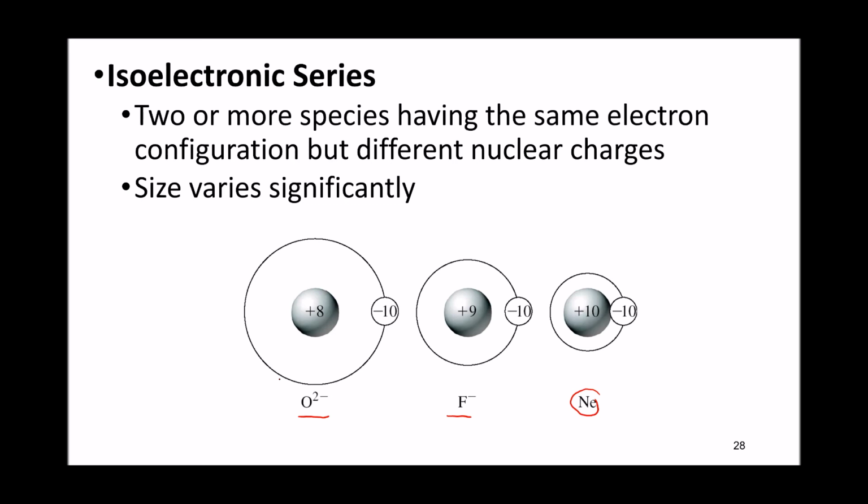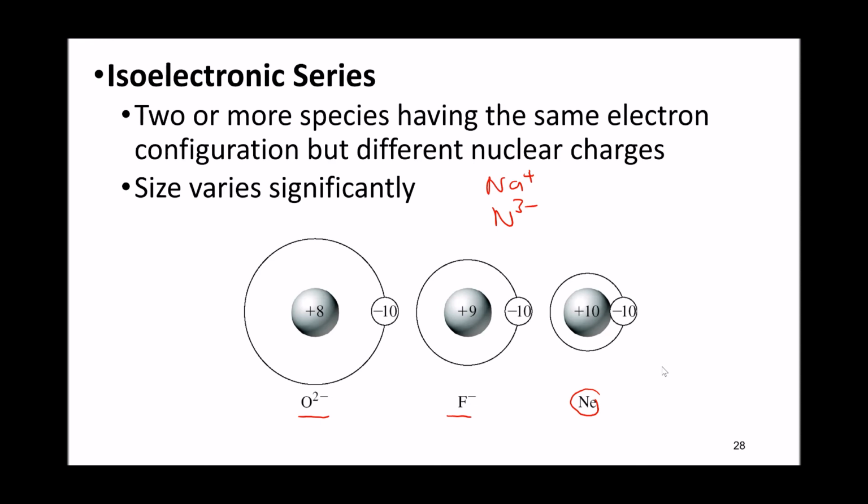So let me ask, what if we want to place something like sodium ion or something like nitride? How many electrons do these two species have? How many electrons does a neutral sodium atom have?